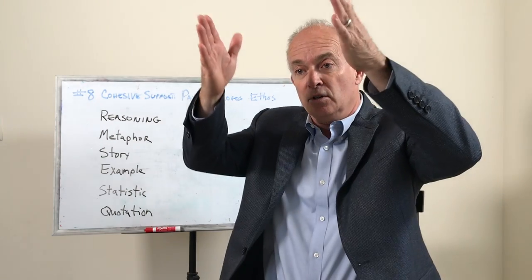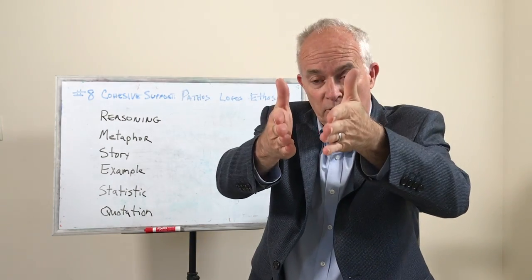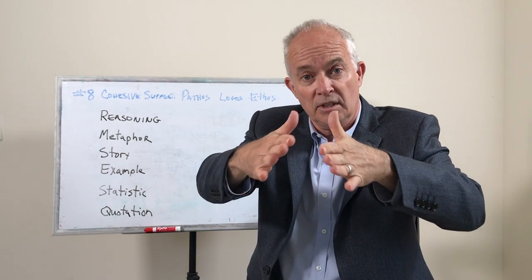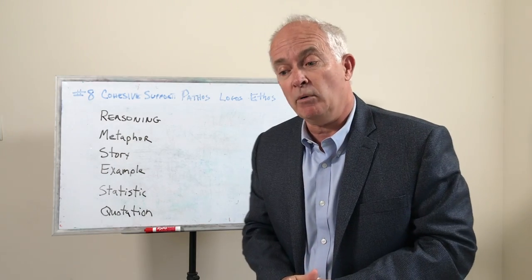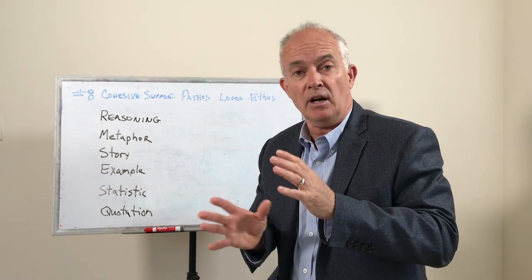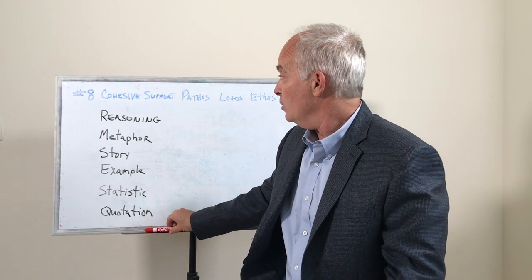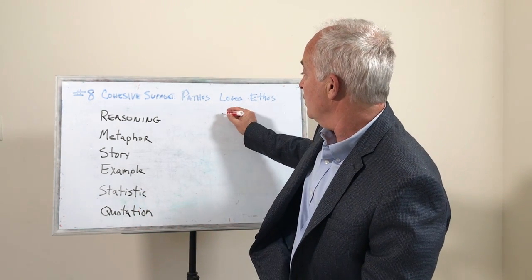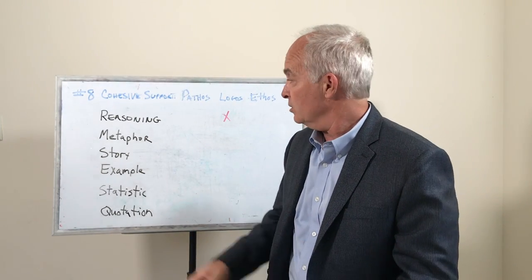You can also do deductive to a specific point, and then do inductive to a general conclusion. Think about how you might want to arrange a paragraph or sets of paragraphs based on reasoning. Now, reasoning, I would say, would fit under the logos category, because generally you're talking about structure.